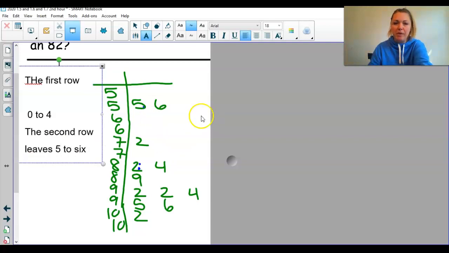And that's for all of them. You can see like 89. Oh, I said 5 to 6, you guys. I'm sorry, 5 to 9. So the first row, again, is reserved for anything from 0 to 4. The last row is reserved for anything with leaves from 5 to 9. Okay, let's move on, you guys.